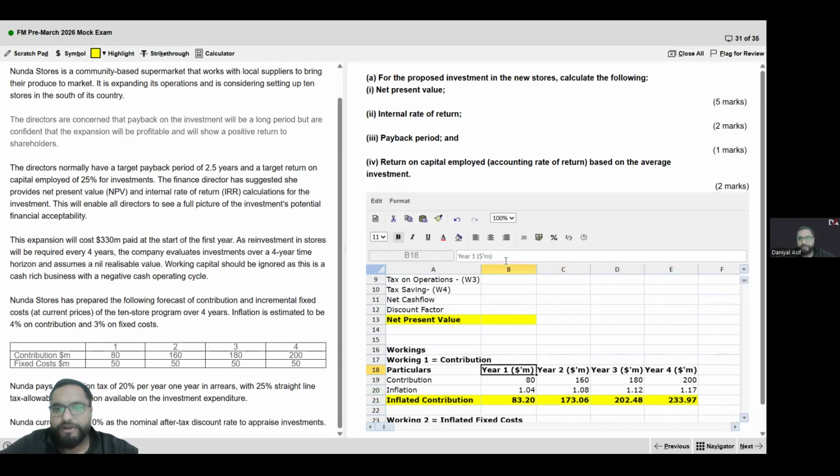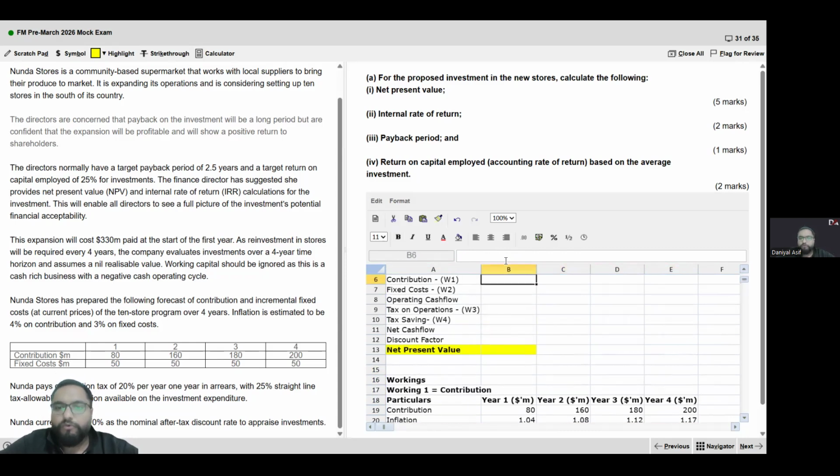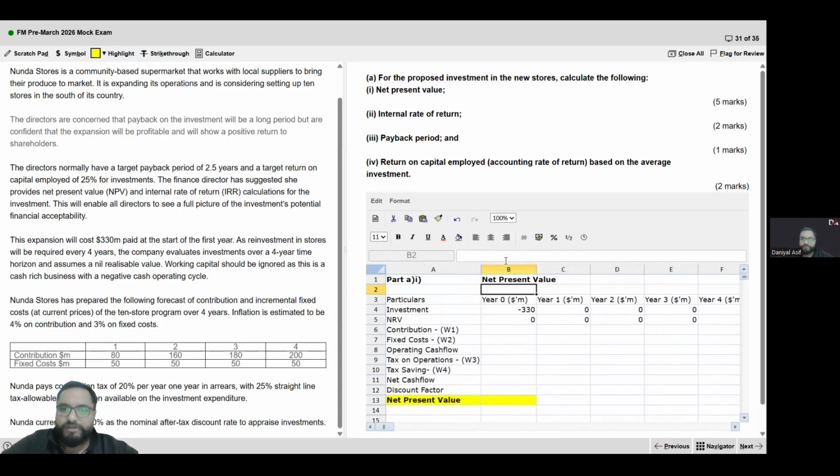202.48, and 233.97. Now, the most desirable way to include your answers from your workings in your net present value table is by linking them, so that the examiner can see that you have the technical skills required of an ACCA student.